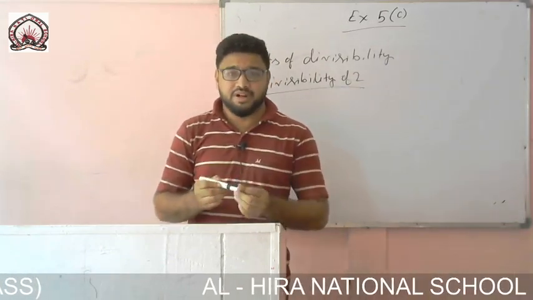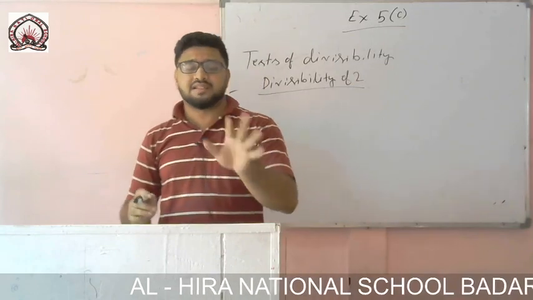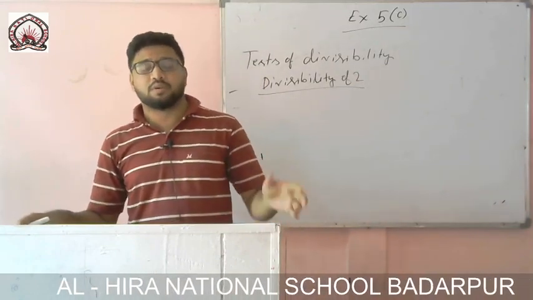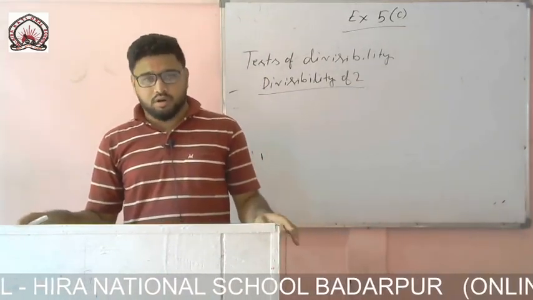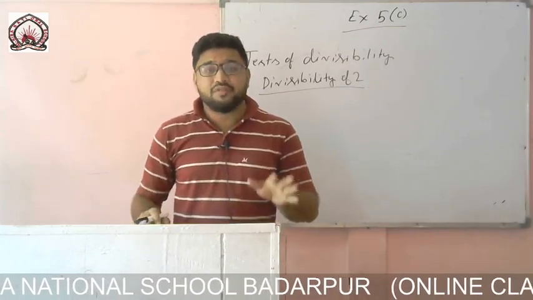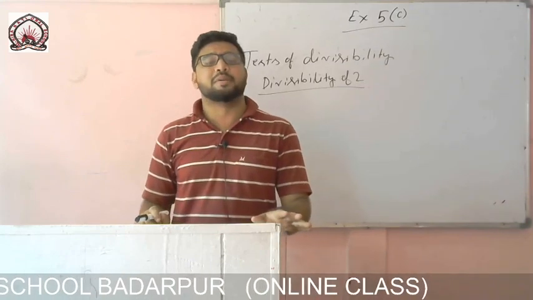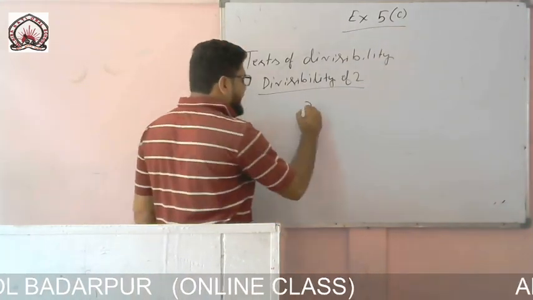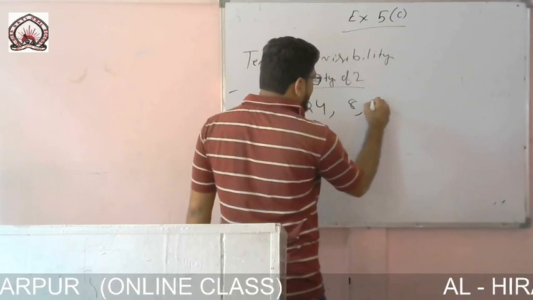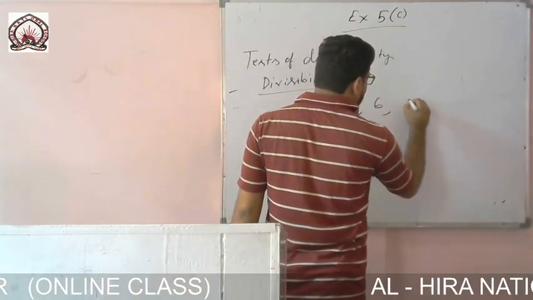Just by seeing the numbers, without dividing, we can say which numbers are divisible by 2. If the number is an even number, then it is divisible by 2. Suppose 24, 8, 6, then 10.